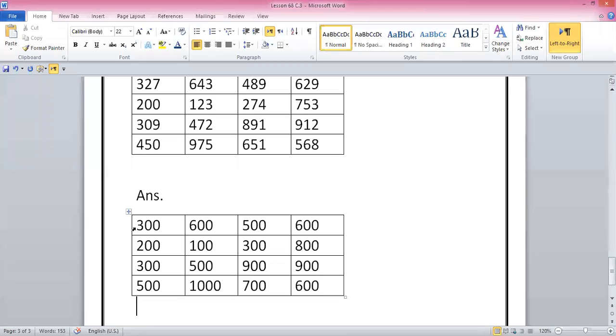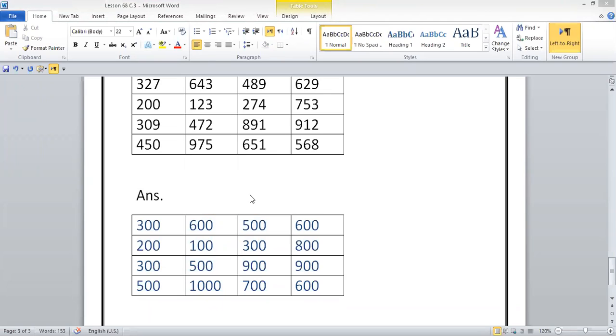I want to tell you something. Yes, tell me. When you round to the nearest 10, the last digit is 0. All the answers end in zeros. Exactly, you are right. When you round off to the nearest 10, you have the last digit 0, and when you round off to the nearest 100, you have the last 2 digits 0.